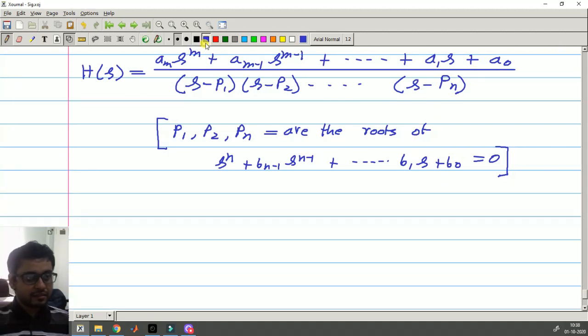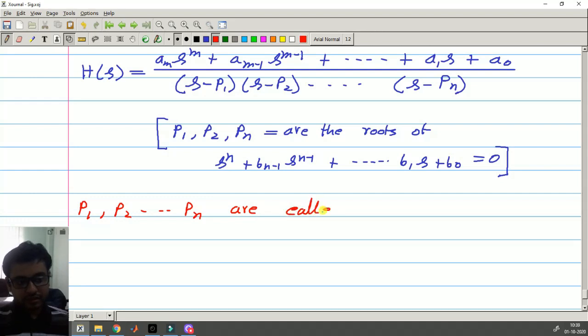And then these roots p1, p2, pn are called poles.